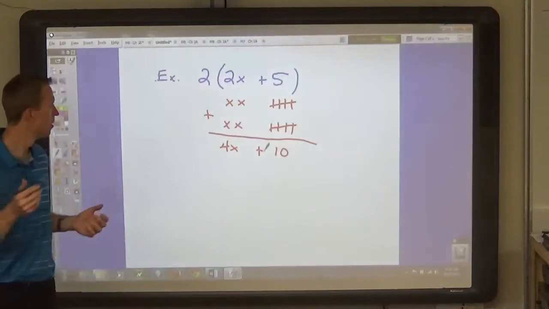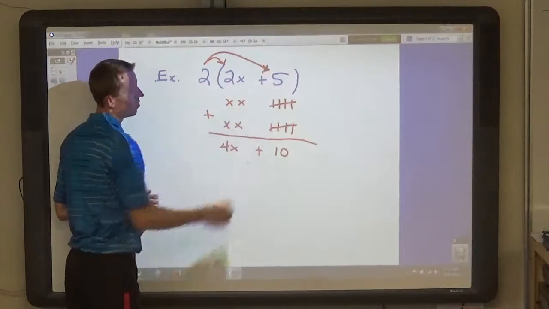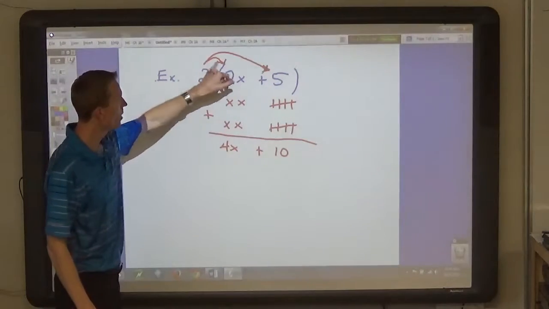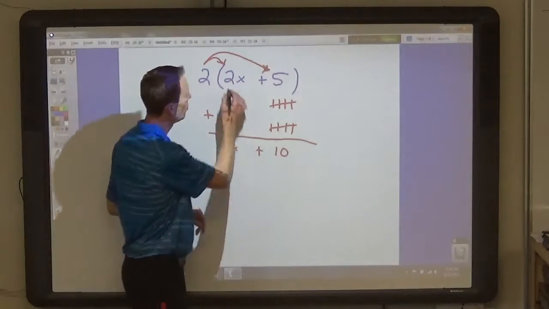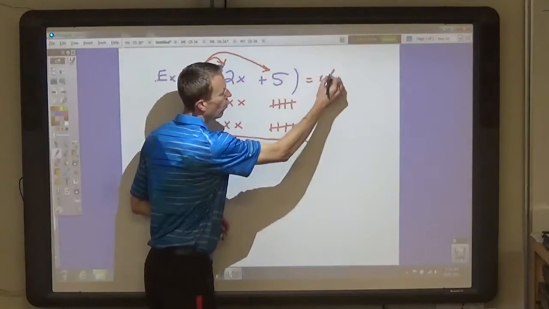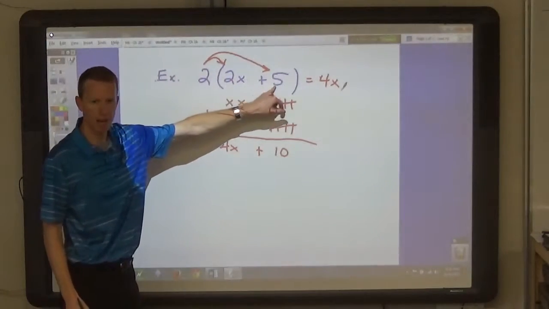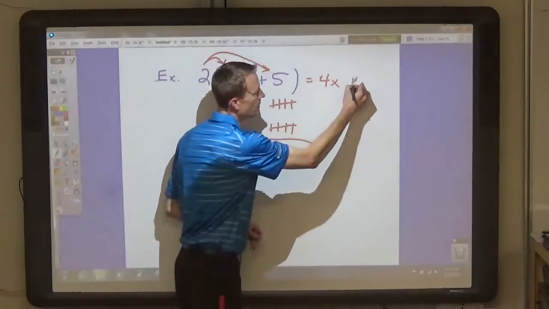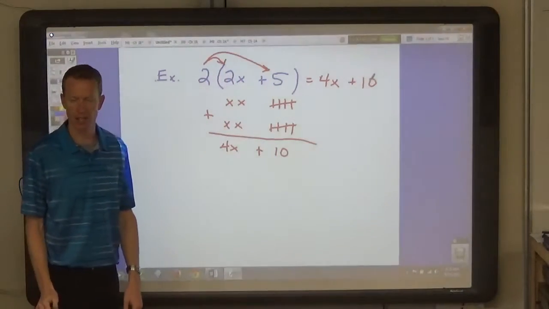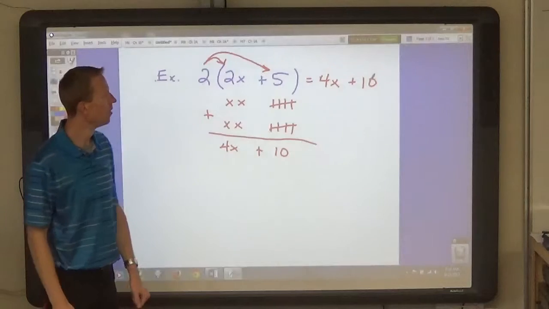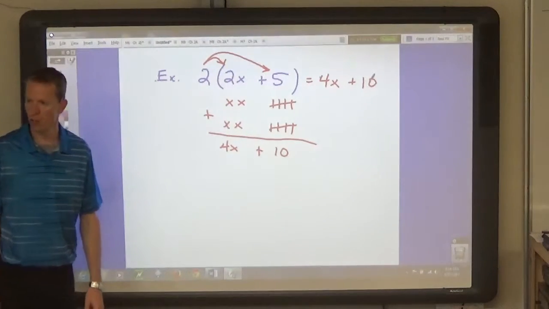Okay? So, without drawing it out, to just show this using the numbers, we show arrows, which means that the 2 is being multiplied by the 2x's to get 4x's, and the 2 is being multiplied by 5 to get 10. Okay? So, when you're doing your homework assignment, you can choose how you want to show this.